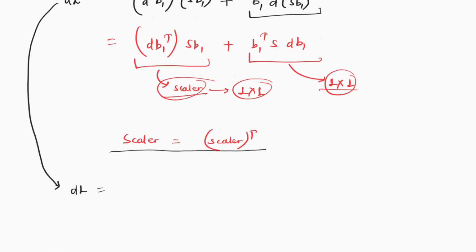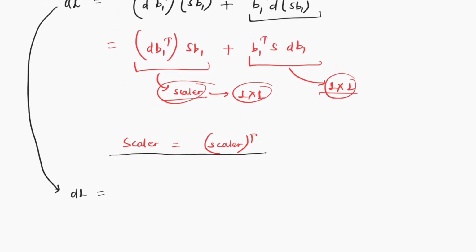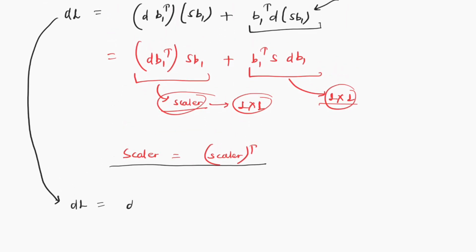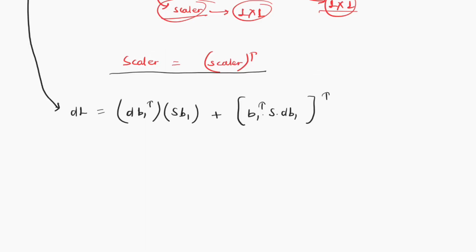So I will write del of Lagrangian is equal to dB1 transpose into SB1 plus, I would like to transpose the second term, and as we know, if we have (A B) transpose, then we can write it like B transpose and A transpose.